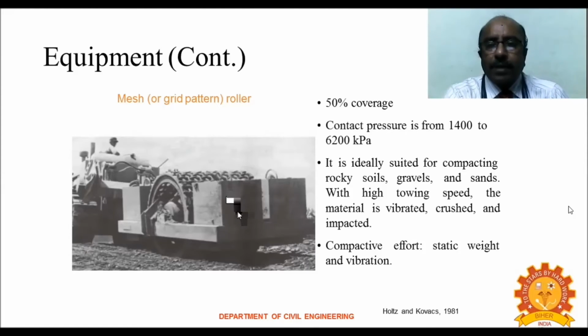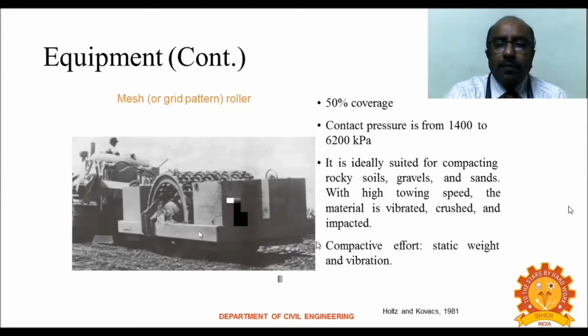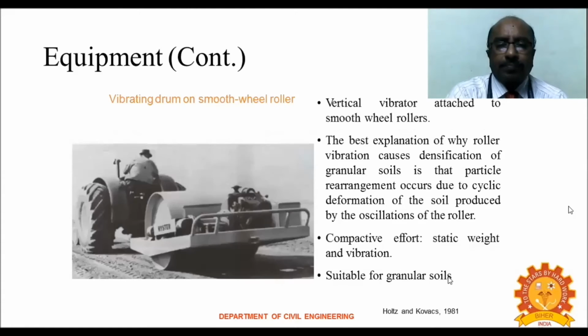Sometimes it is also fitted with a vibrator so that it can vibrate, and because of the vibration the gravel will be compacted. So here the compactive effort is static weight along with some amount of vibration.